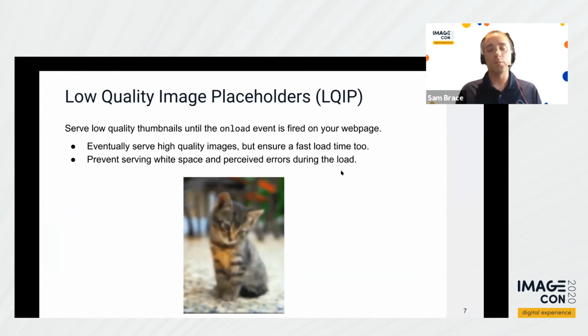What that helps with is to give somebody the appearance of not serving up white space, not serving up any perceived errors with your images loading, but also making sure that they're getting quick, high quality images with fast load times too. There are so many reasons to do this, but this is a game-changing feature, and I can't wait for Marissa to show it to you.